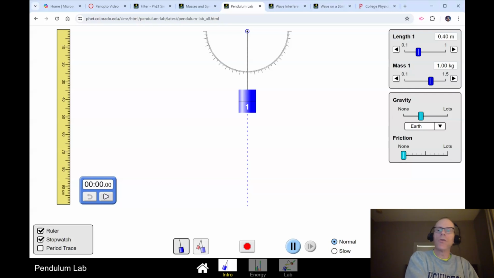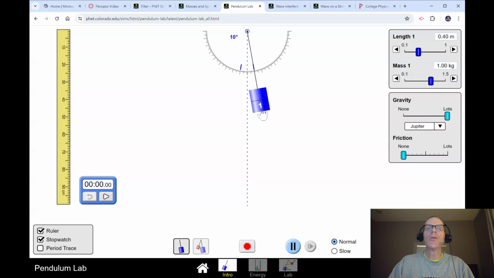So now we're going to go to Jupiter. Jupiter has a greater gravitational pull than the Earth. So think about whether the oscillations will be faster or slower on Jupiter compared to Earth.